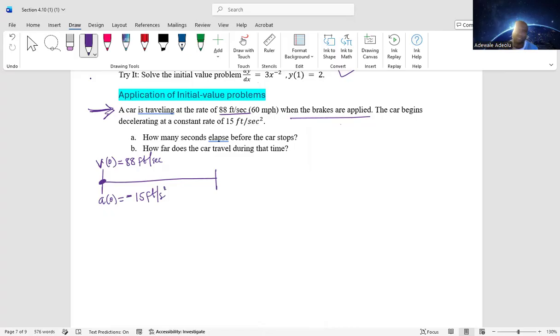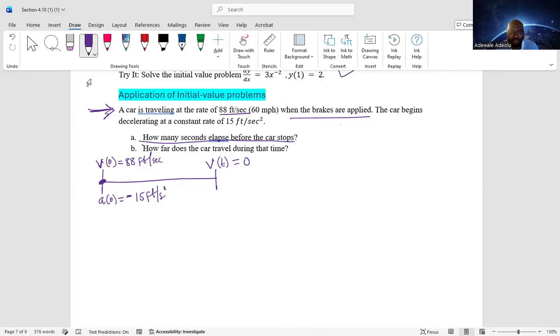Now, if you are traveling at 88 feet per second and you are decelerating, by the time you get to the final time, your velocity will be 0 because you are applying the brake. You are reducing that speed until it comes to a stop. So the question is, how many seconds elapse before the car stops?